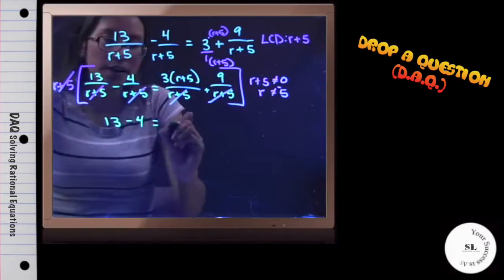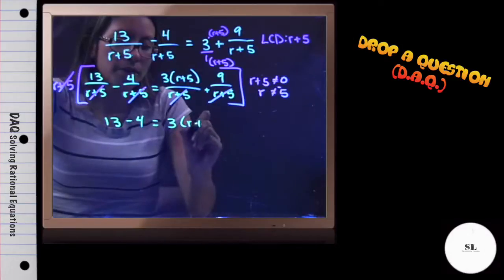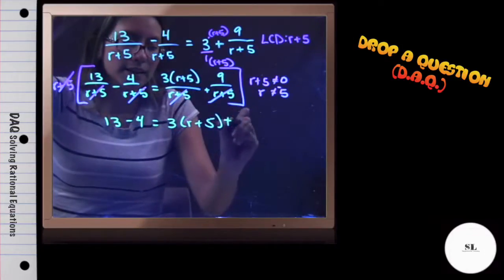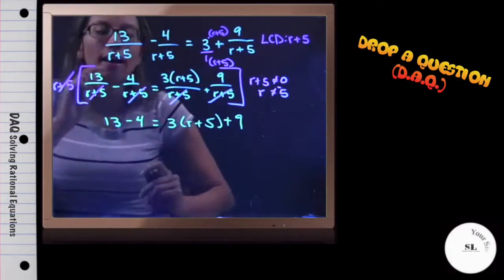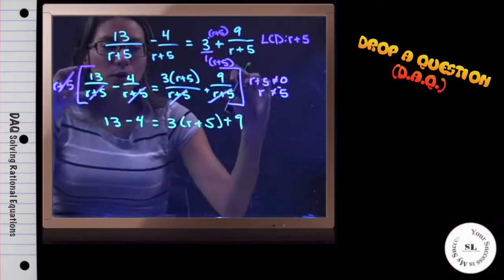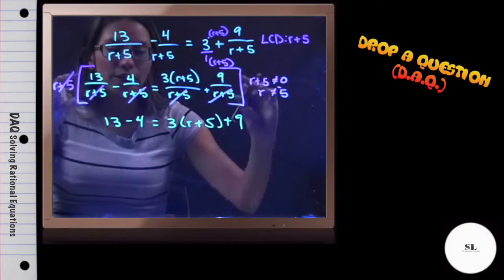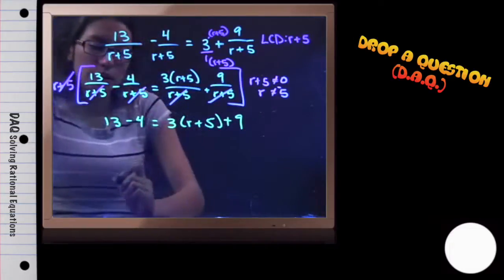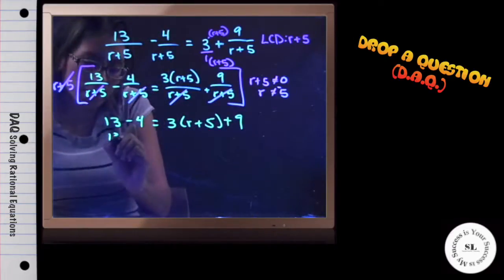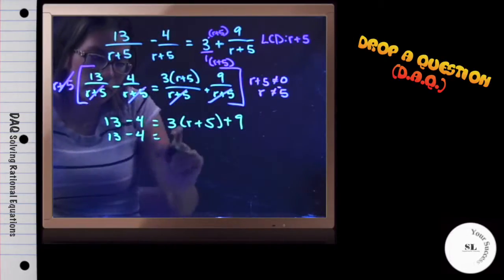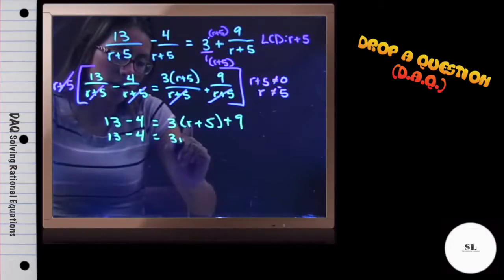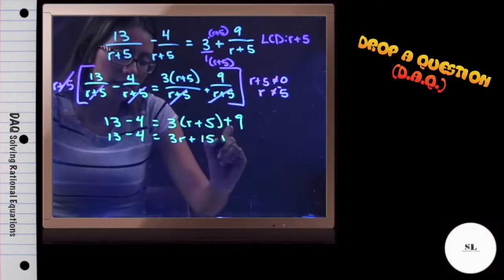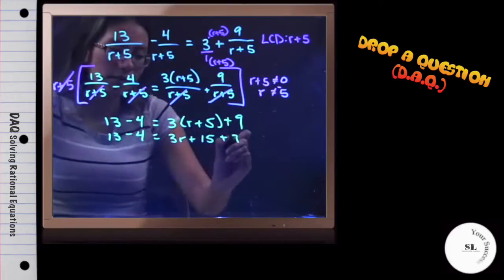13 minus 4 equals 3 times r plus 5, plus 9. So now we move from an equation that was completely rational to just whole number equations, which makes it much easier to solve. So now we can distribute this: 3r plus 15 plus 9.